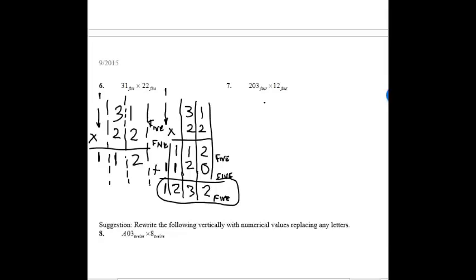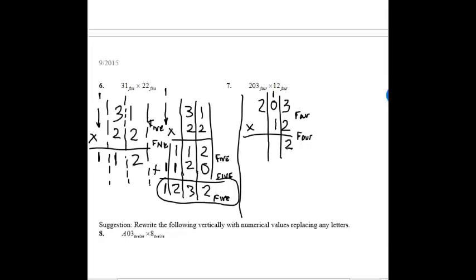We're going to carry through the same way with the next problem. 3 times 2 is 6. How many times does 4 go into 6? Once, with 2 left over. 0 times 2 is 0, plus 1 is 1. 2 times 2 is 4.